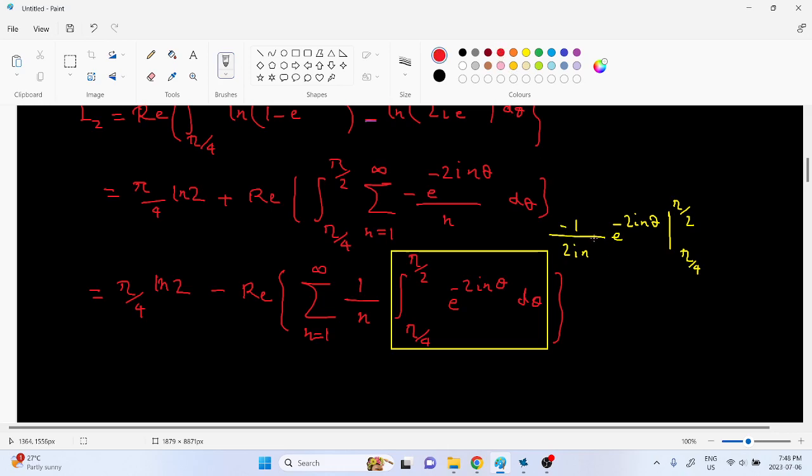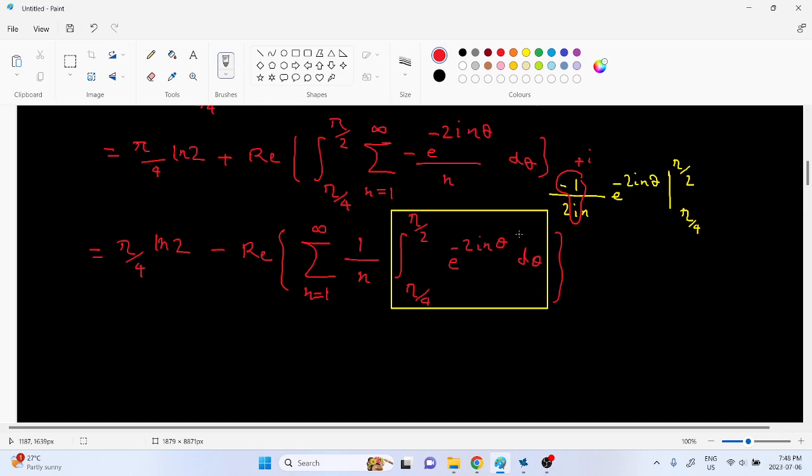I can write this negative 1 over i as positive i. 1 over i is negative i, if you multiply top and bottom by an i, so negative 1 over i is positive i. And I can pull that out along with the 2 from the series.